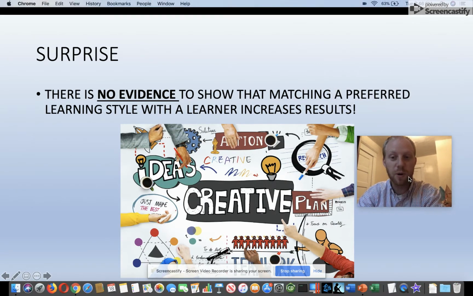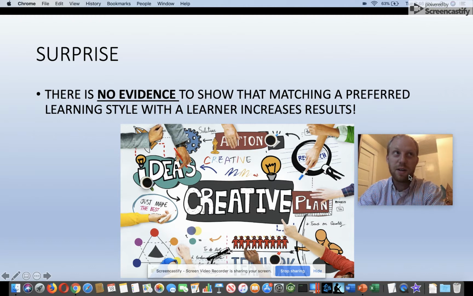This was the most groundbreaking piece that I read during this project and that I saw. There is no evidence to show that matching a preferred learning style with a learner increases results. Wow. So we as teachers say, okay, this student learns this way, I'll show them this way.